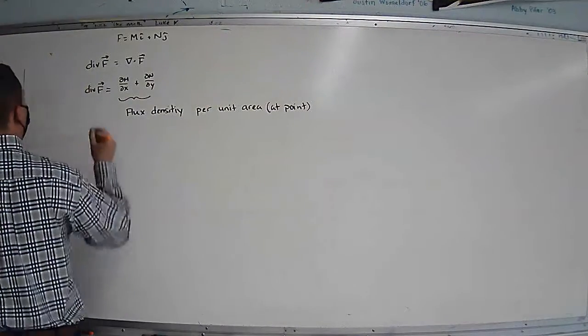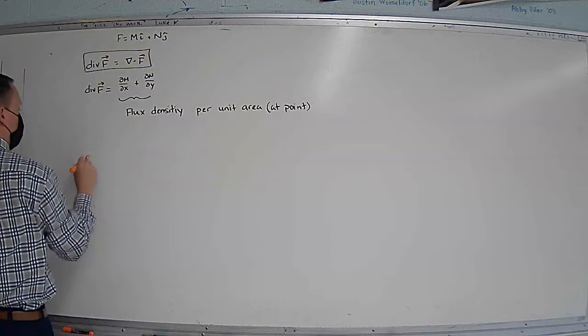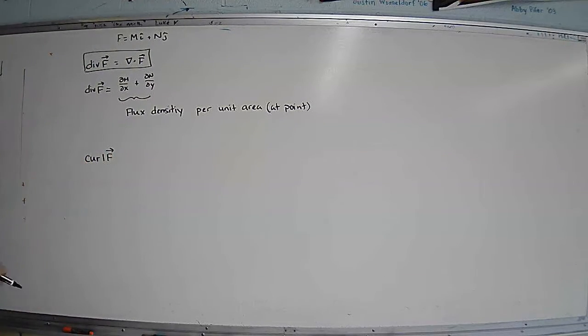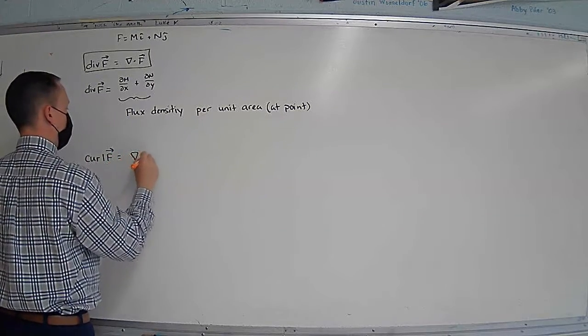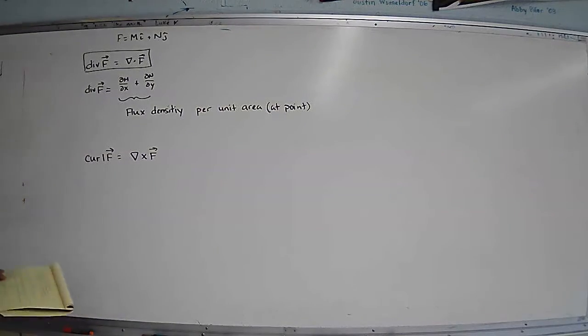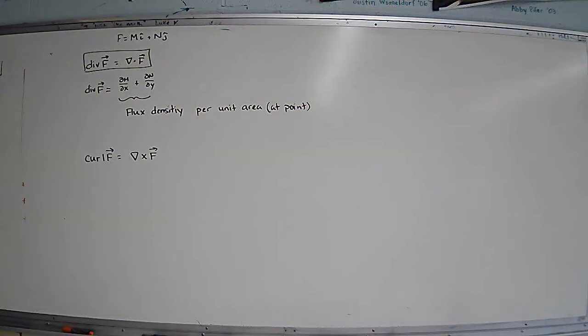And the other quantity that we learned the other day was the curl of F. And we said that the curl of F is del cross F. Now, if we have a vector that's only in a plane, we don't have that z component, right?